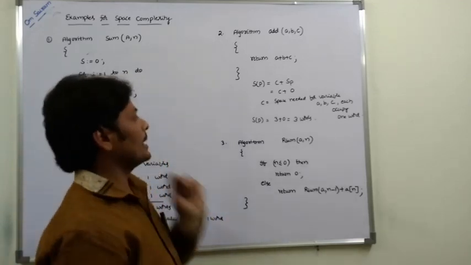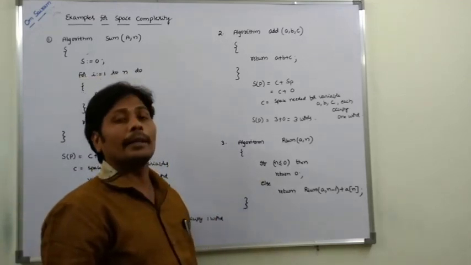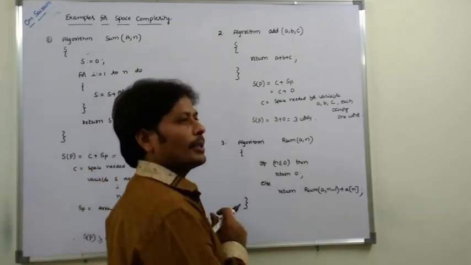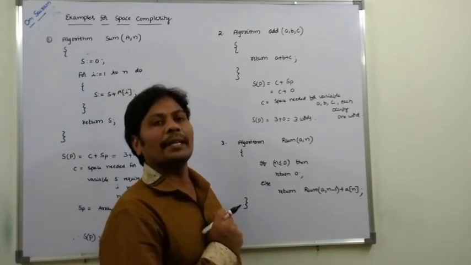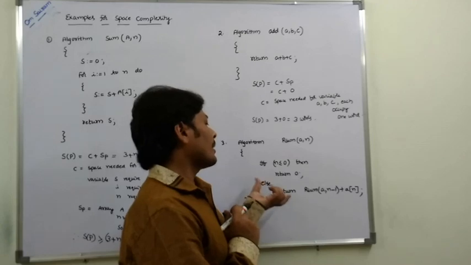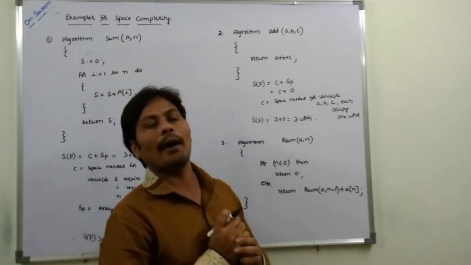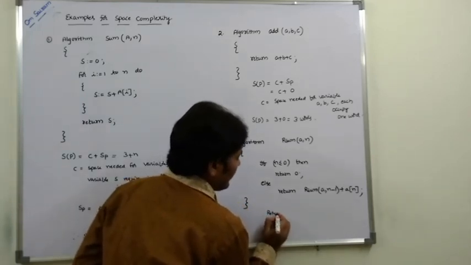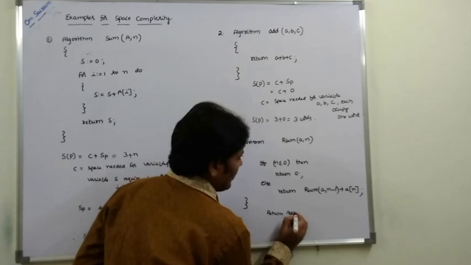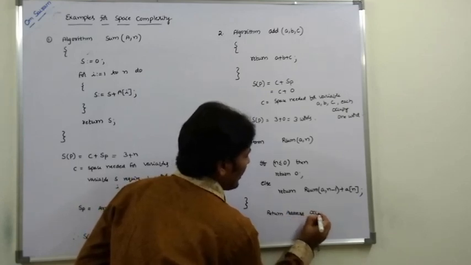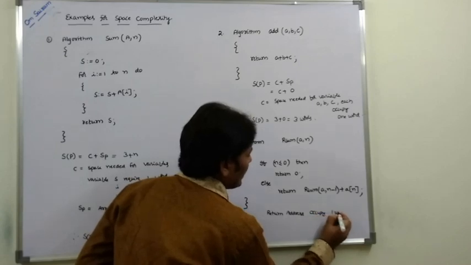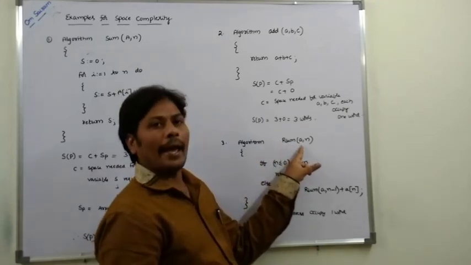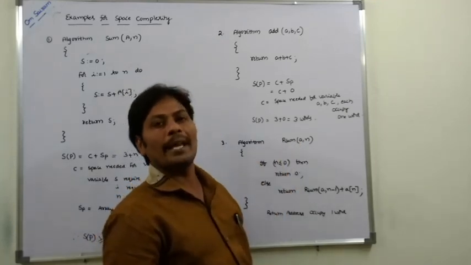Next, go to this algorithm. This is a recursive algorithm. The recursive algorithm can be implemented with a stack. Here the return address is always stored on the top of the stack. The return address occupies one word. Here this is an array, and this array contains the base address.